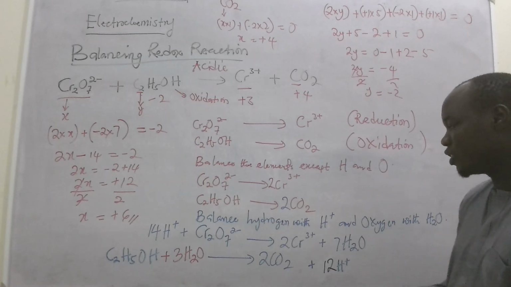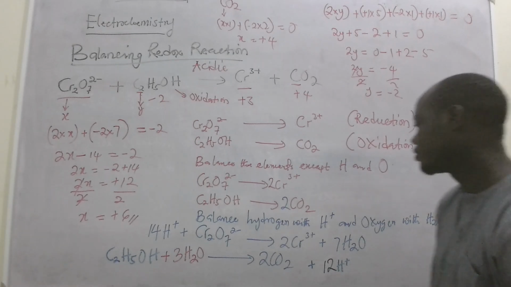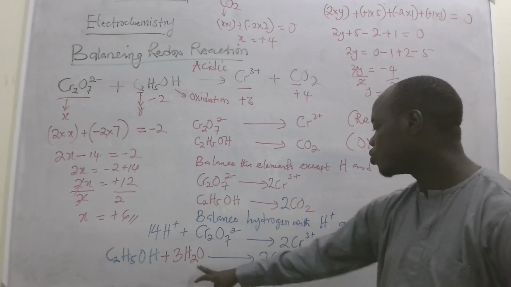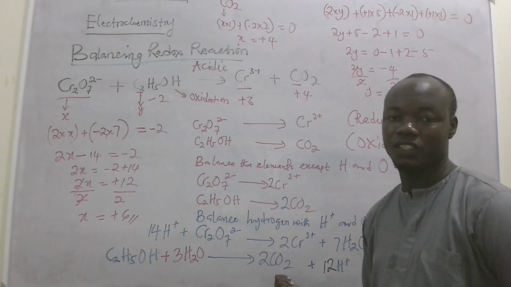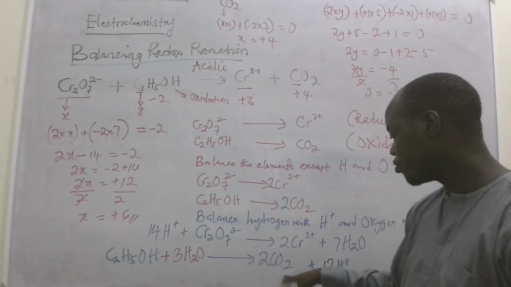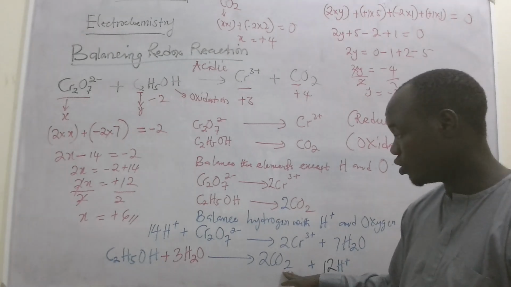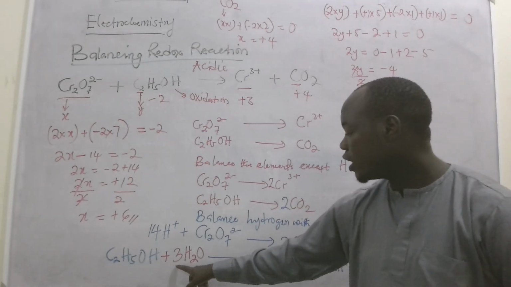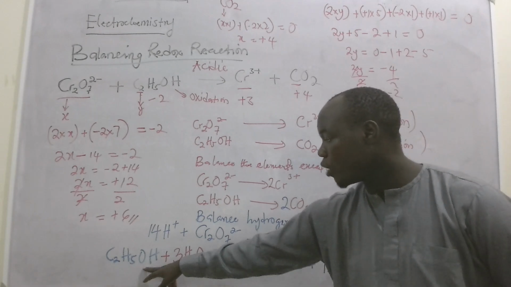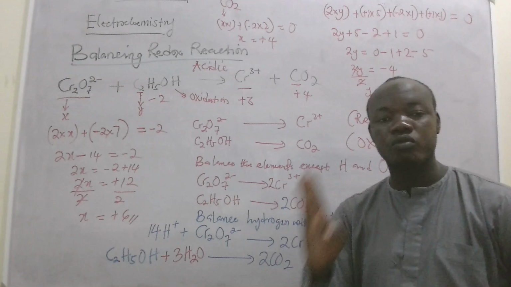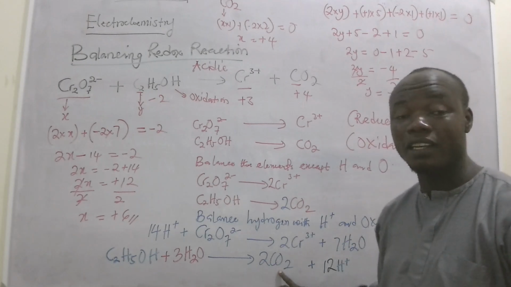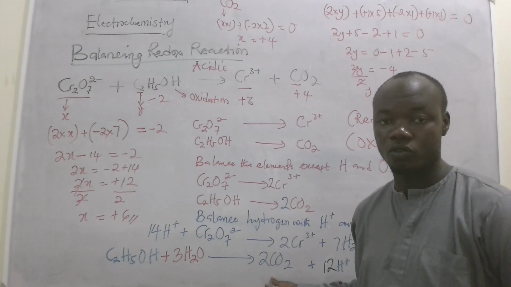But do we balance the oxygen atoms? Let's see. The reason why we add this water molecule here is because of this oxygen. Because here we already have 4 oxygen atoms. So if we now add 3 molecules of water here, it means that we have 3 oxygen and we have 1 here, making a total of 4 oxygen atoms, which balance the number of oxygen atoms here in the carbon dioxide molecule.